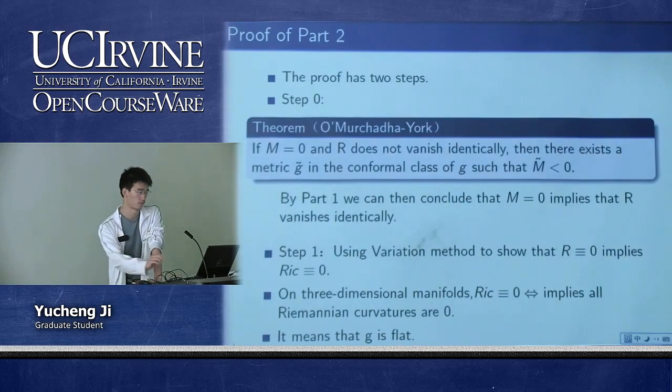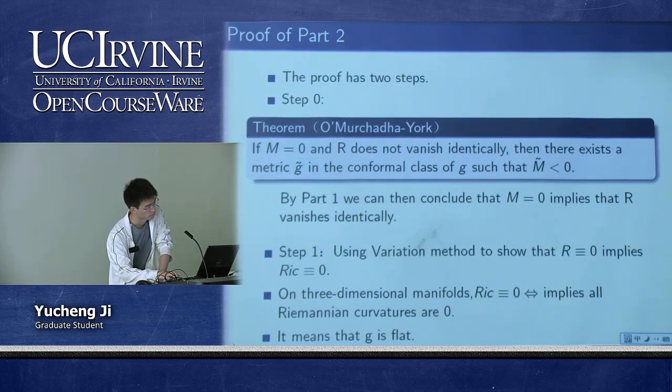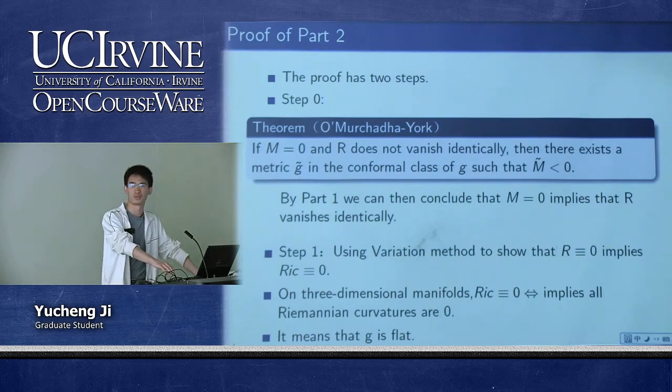And for the proof of the second part, they use, how to pronounce his name, Yamabe. York also has, there's also another mass called Brown-York mass in GR. ADM mass, Brown-York mass, and there's 3 or 4 popular definitions of mass.